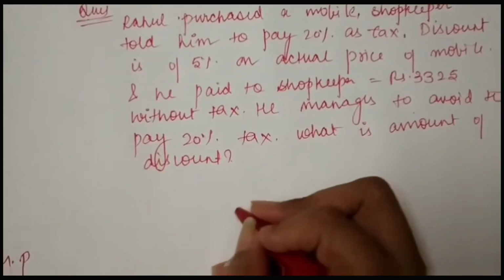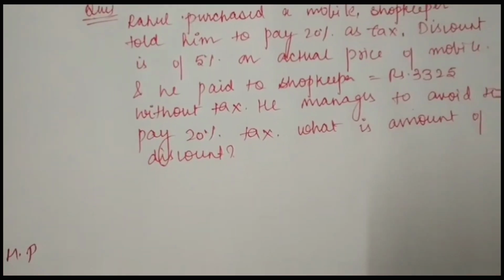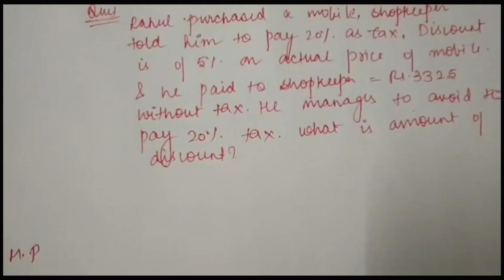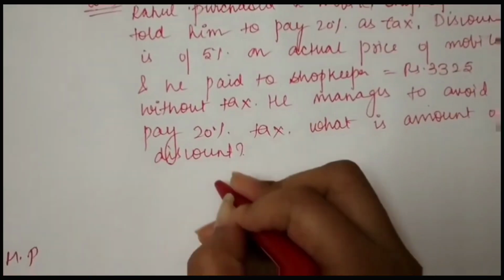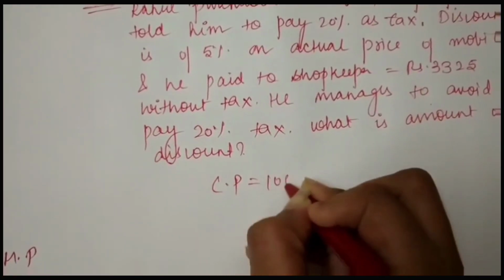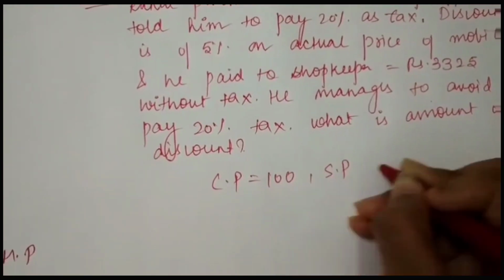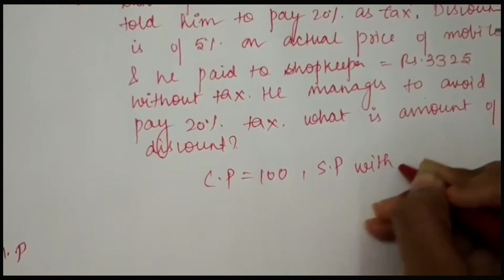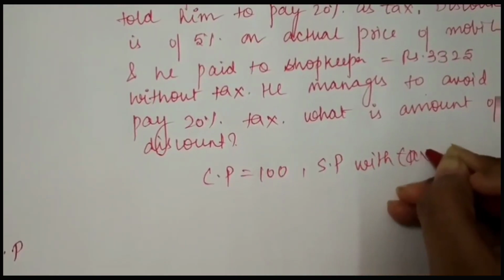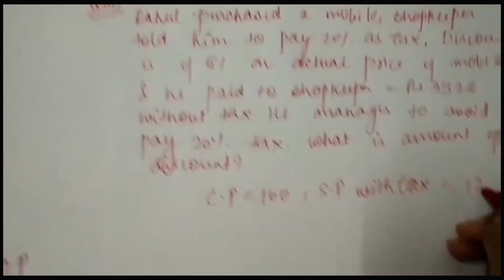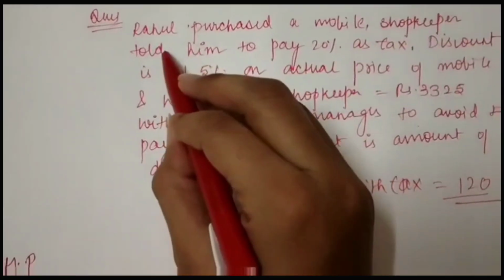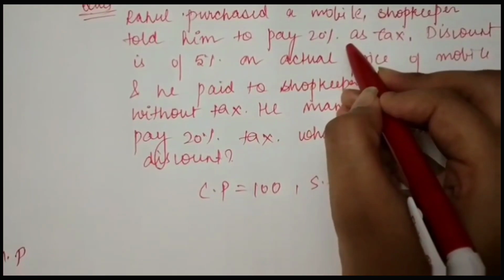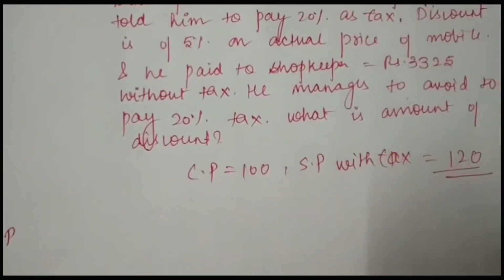So हमें यहाँ पे डिस्काउंट की वैल्यू निकालनी है कि उसने कितना पे किया है at the end. So let the cost price be 100 and the selling price with tax is 120, right? Because if he told him to pay 20% as tax, then it will be 120.